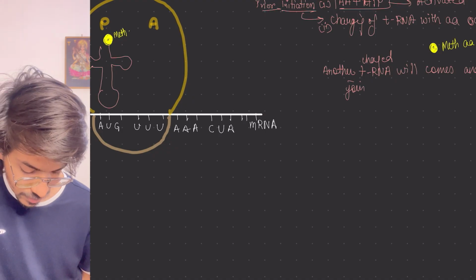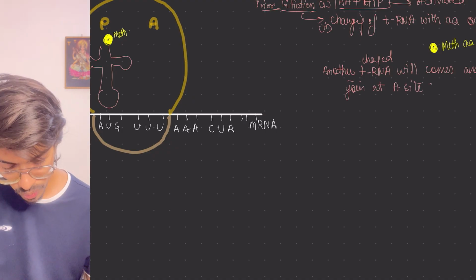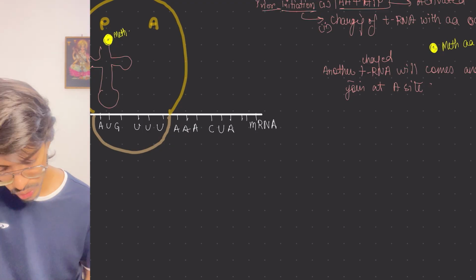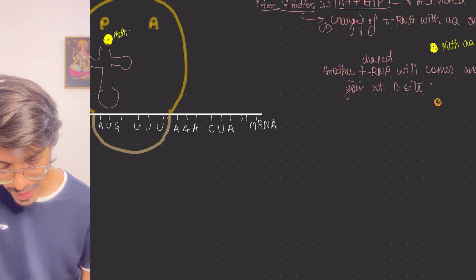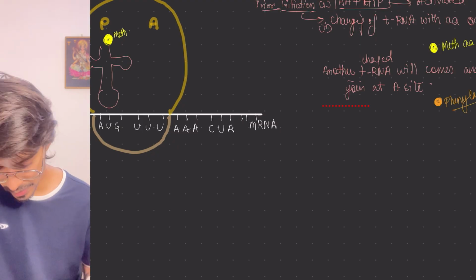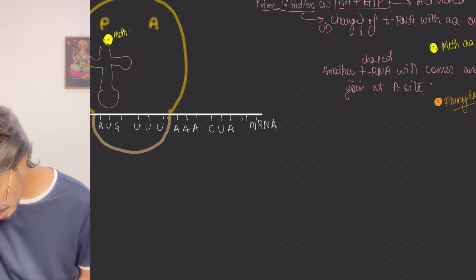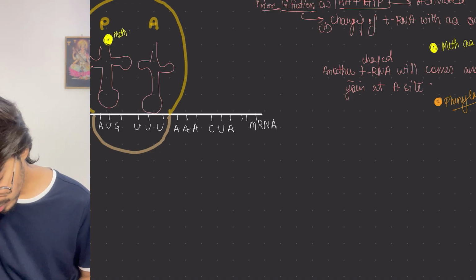This codon UUU corresponds to phenylalanine. Always remember it. So the phenylalanine amino acid will be present over here.